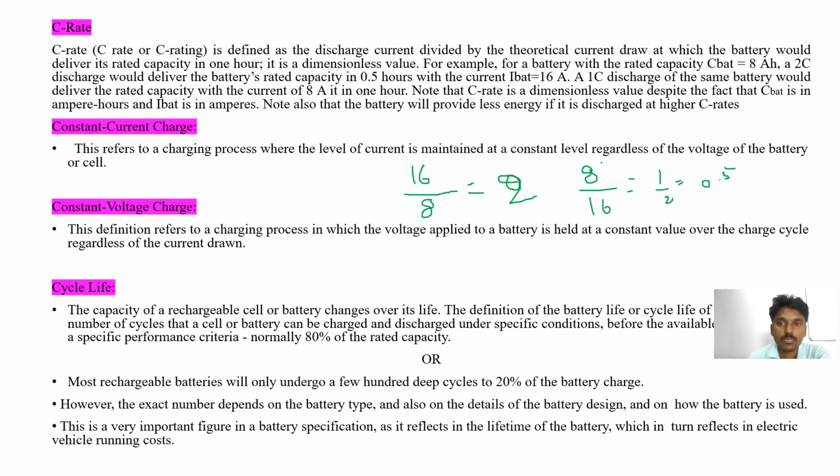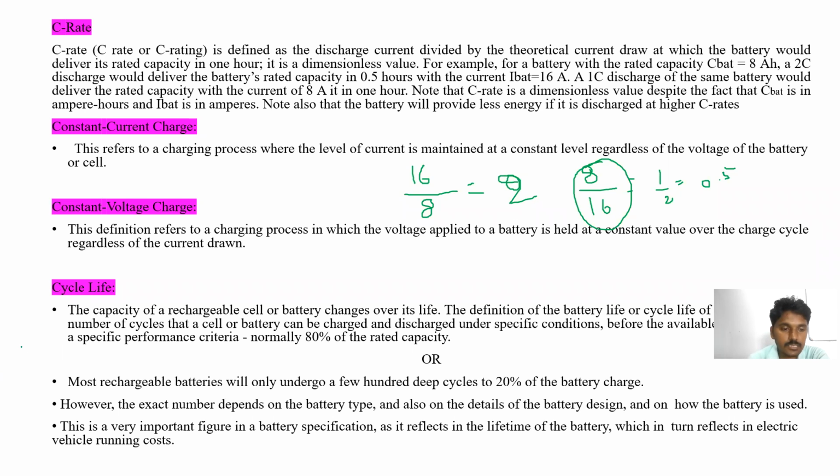So this is the C rate of the battery. Discharge current divided by the theoretical current draw at which the battery would deliver its rated capacity in 1 hour. That is, the actual capacity of the battery divided by the actual current drawn by the load circuit, so that can be defined as the C rate of the battery.